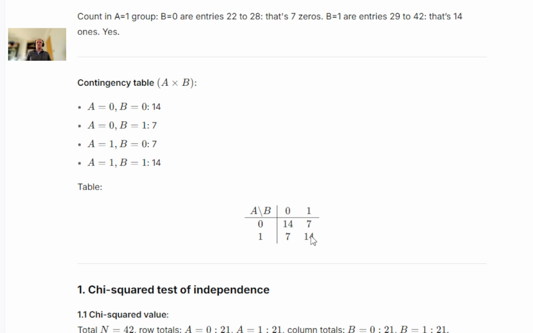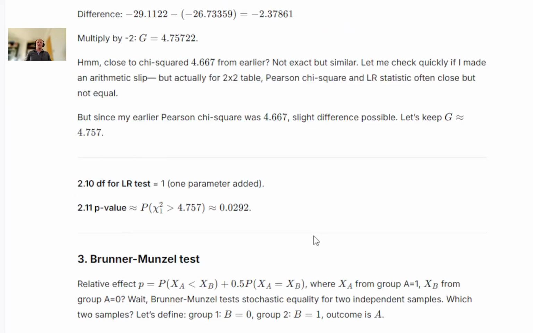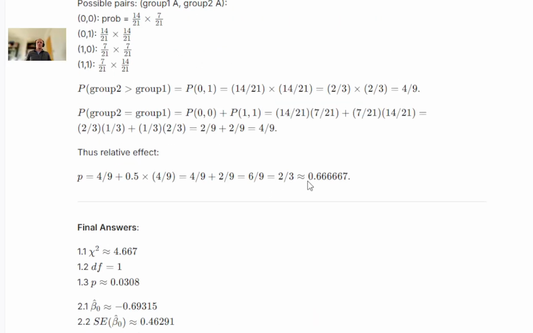And in this specific situation, the relative effect, if you multiply it by 2 and subtract 1, you get the Pearson's, Spearman's, and Kendall's correlation, which are the same for a 2 by 2 table.